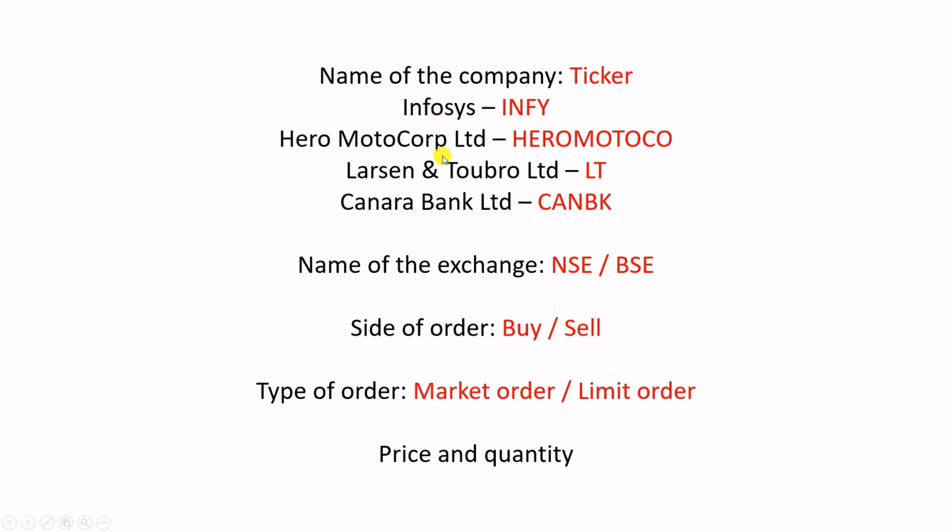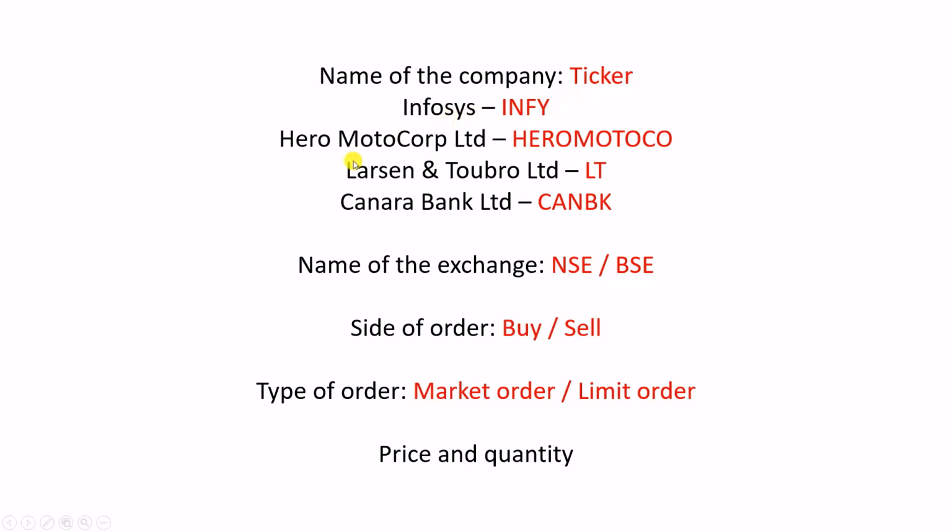Now, all the companies have something called a ticker. Alright, now ticker is nothing but an abbreviation of the company. So, if you want to buy stocks of Infosys, then in the broker website, you need to type in INFY, because INFY is the ticker for Infosys.